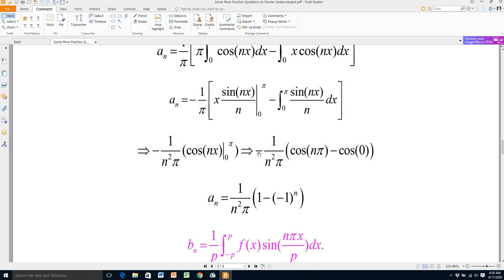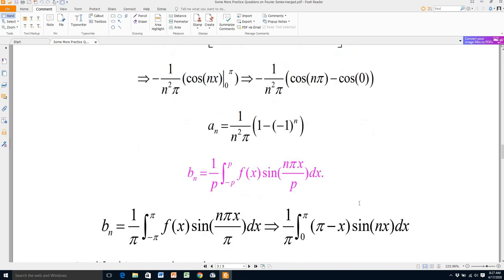When I multiply this negative sign inside, this term becomes positive and this term becomes negative, and you know that cos 0 is equal to 1. So it becomes minus 1 raised to the power n minus 1. When you multiply this negative sign inside the parenthesis, the order of these terms reverses. So it becomes 1 minus minus 1 raised to the power n, divided by n square pi.